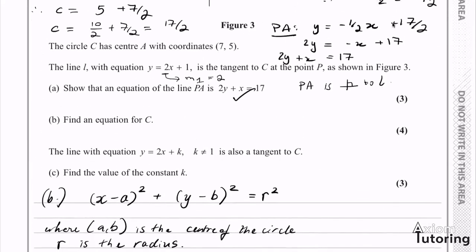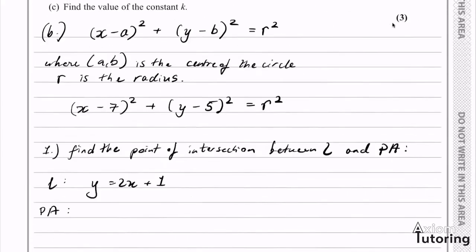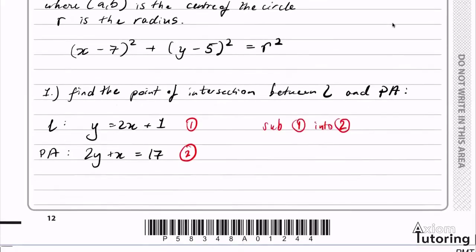The equation for L is y equals 2x plus 1. And for PA, it's 2y plus x equals 17. If this is 1 and this is 2, we could just sub 1 into 2.